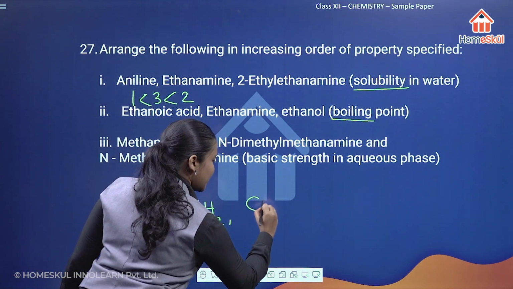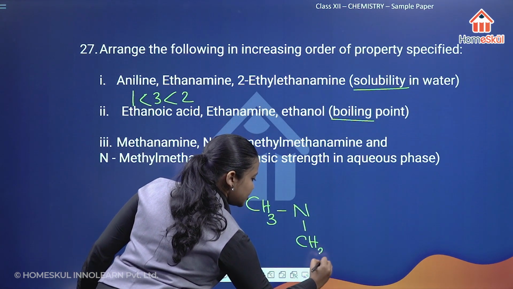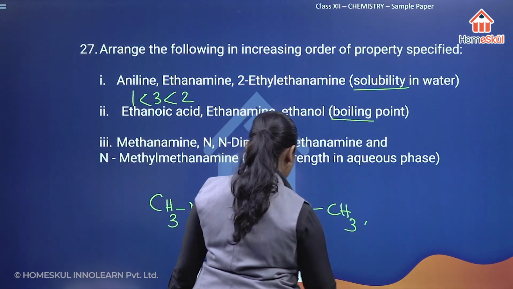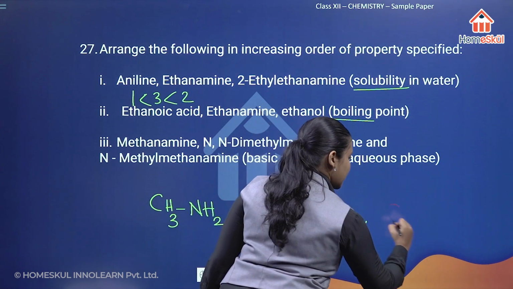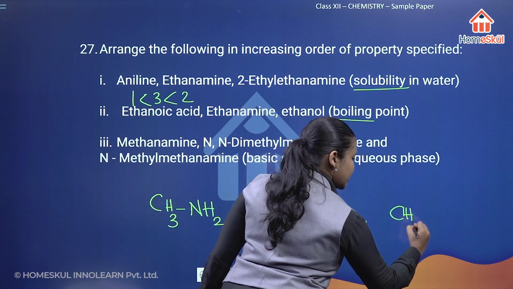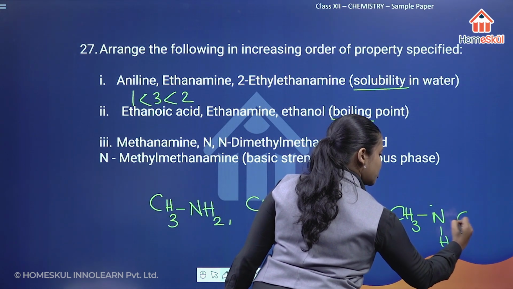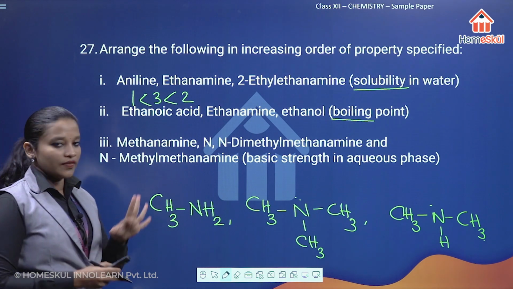Let's write the formula for that: there is a lone pair of electrons on the nitrogen atom. And the last one, N-methylmethanamine, is CH3NHCH3. These are the formulas of these given amines.